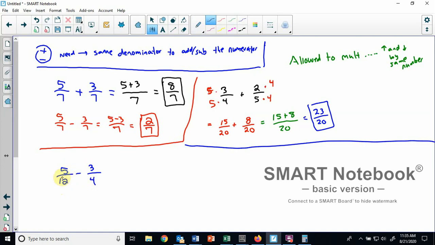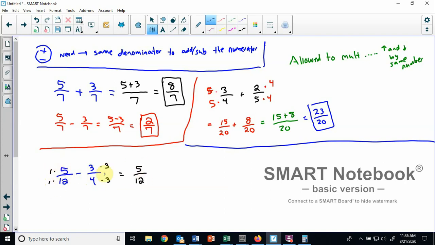The most intelligent would be, I could just multiply 4 by 3 to get it to be 12. And whatever I multiply on the bottom, I have to multiply by on the top. I don't need to multiply 12 by anything. It's already 12. If you wanted to think about it as multiplying by 1, you could, but that's not going to change anything.